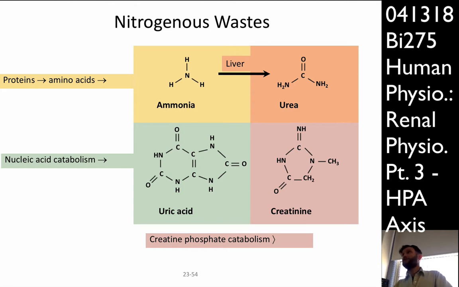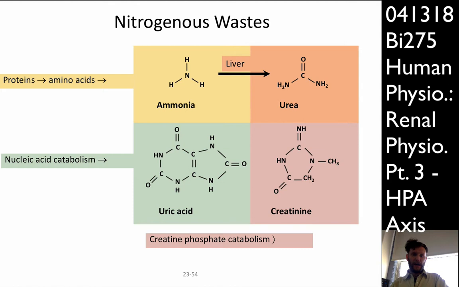They come from two sources, either the degradation of proteins, or the catabolism of nucleic acids. So on the protein side, we break proteins into amino acids into ammonia. The liver takes ammonia and makes urea out of it, makes it a little more soluble, turns it into urea.